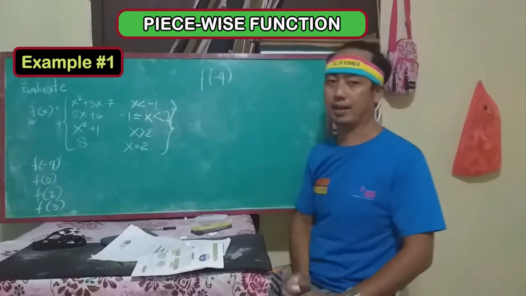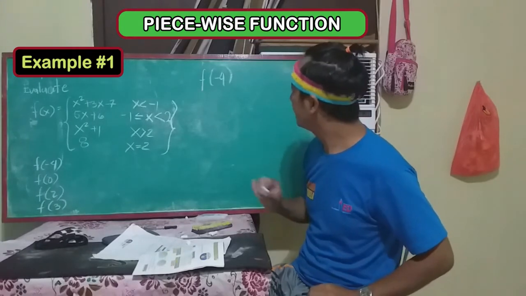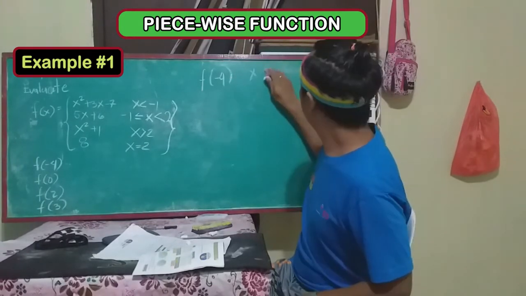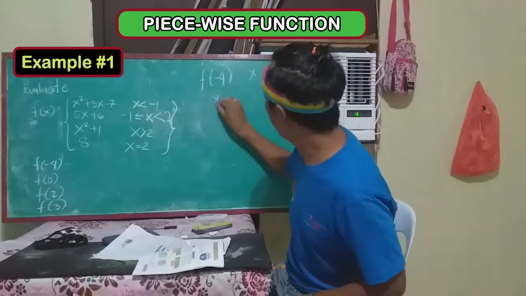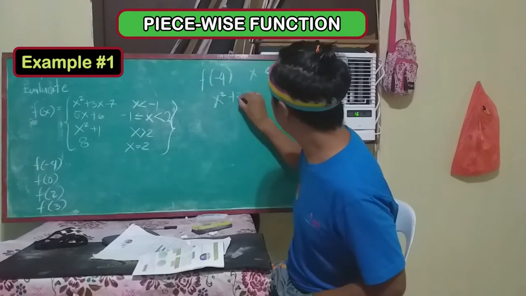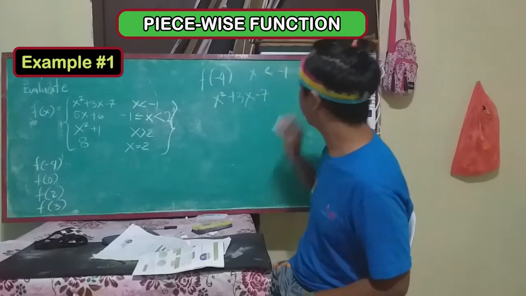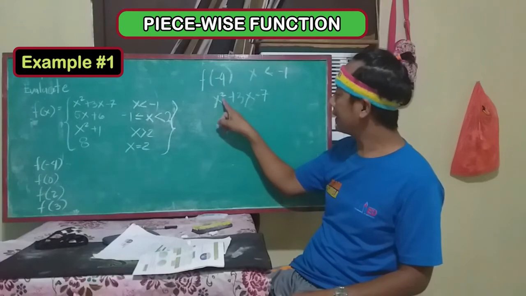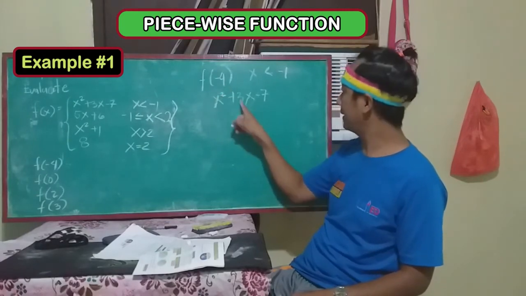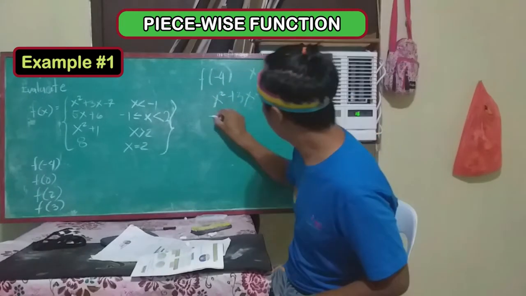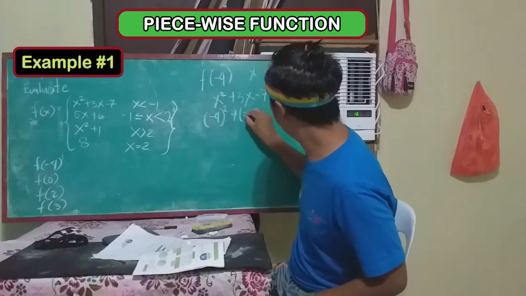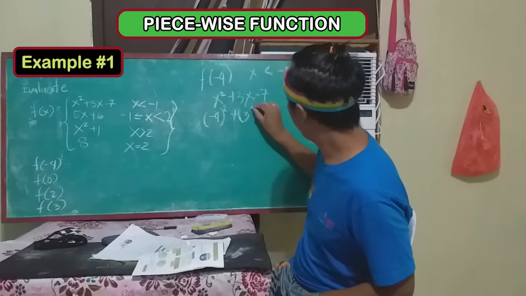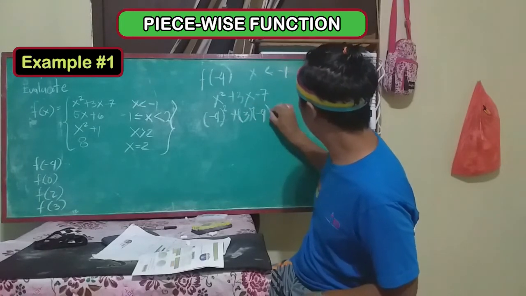So yan, negative 4. Saan tayo dyan? Ito kasi is less than negative 1. Mas malaki ang negative 1 kaysa negative 4. So gagamitin natin x squared plus 3x minus 7. Itong x, papalitan natin ng negative 4. Lahat ng x. So, negative 4 squared plus 3 times negative 4 minus 7.